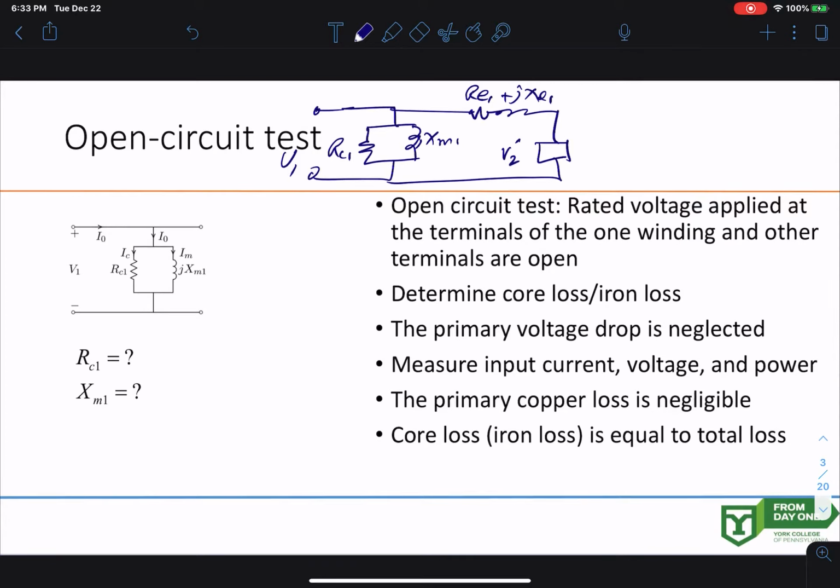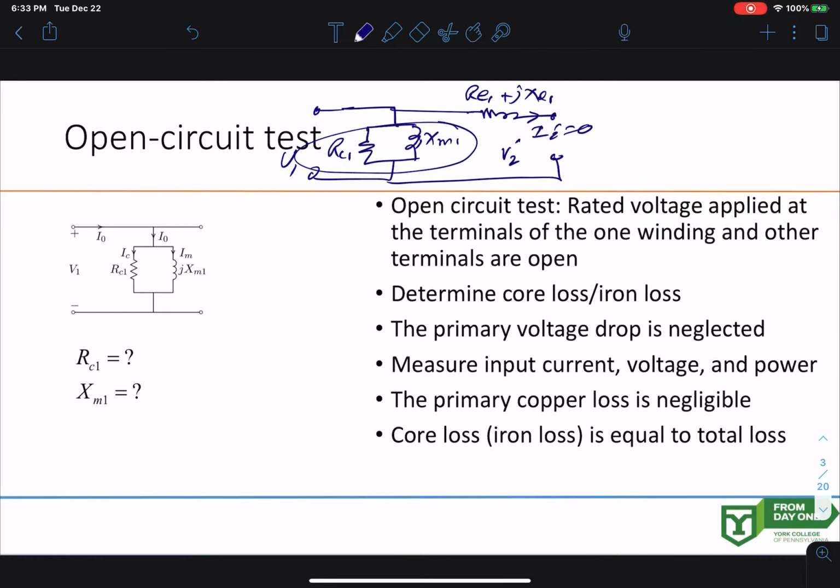To find this one here, we do an open circuit test. That means your load is open, your load is disconnected here, okay? So there's no current here. Current is zero here, so I2 prime is zero.